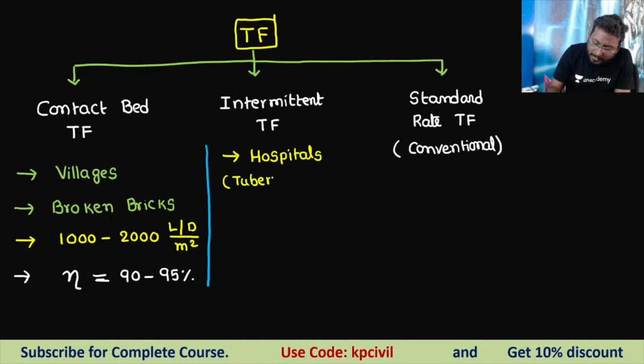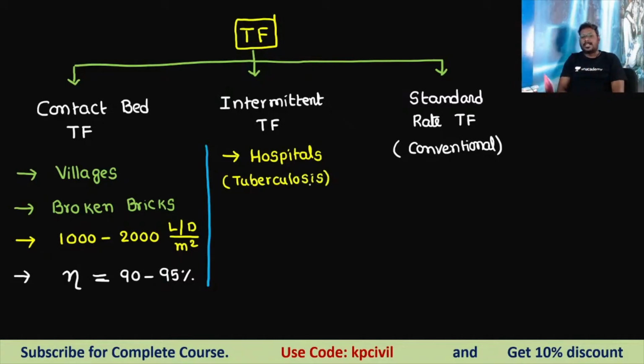Intermittent trickling filters are used in hospitals, especially the hospitals which treat tuberculosis. So wastewater from the hospital is taken and given to the trickling filter. After trickling filtration it is given to the STP, not directly. Understand, this is the chain.